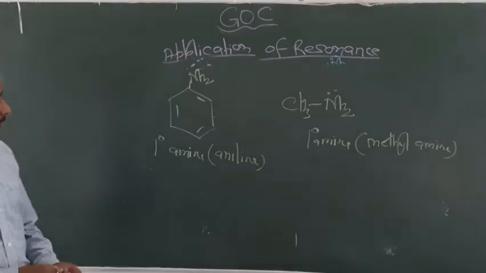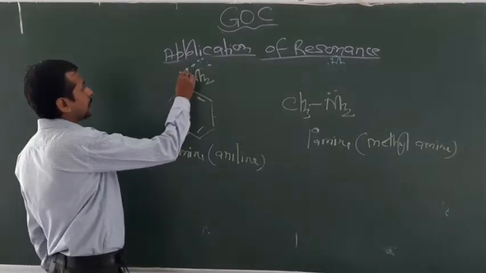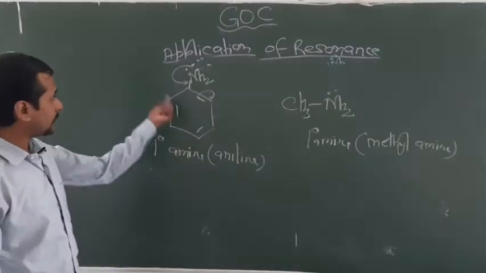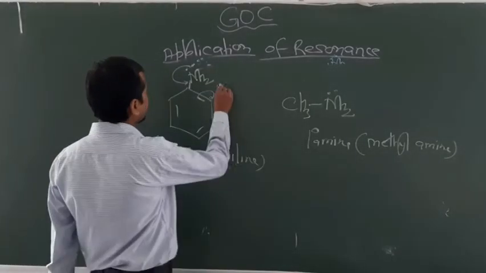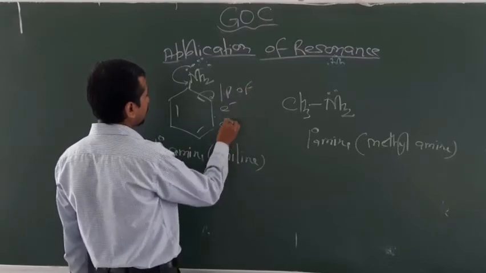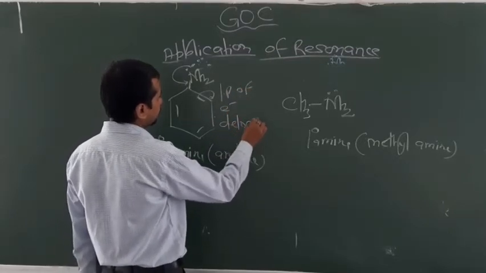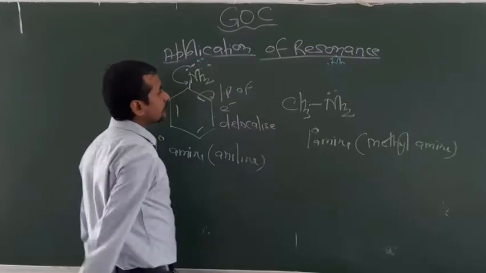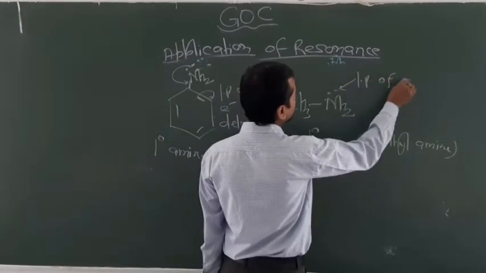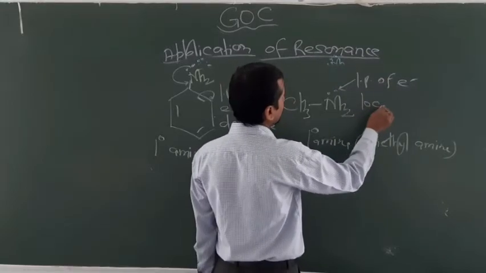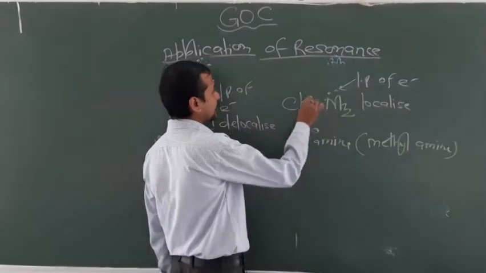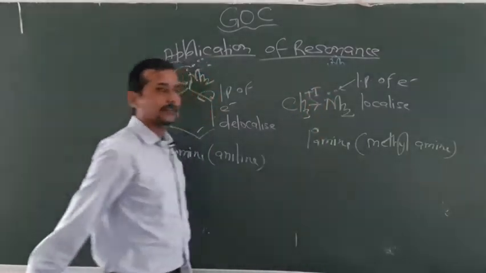So now, students, look at the conditions. Here electrons are delocalized due to the conjugate system. So here the lone pair of electrons is delocalized. Here the lone pair of electrons is localized and also increases due to the presence of the plus I effect.